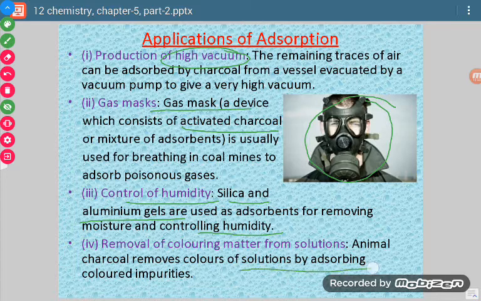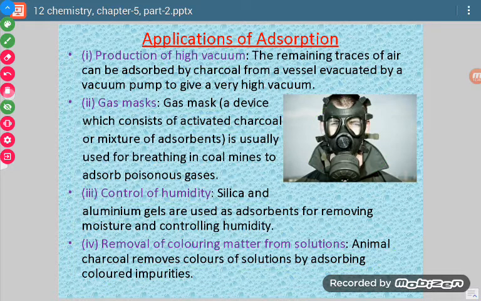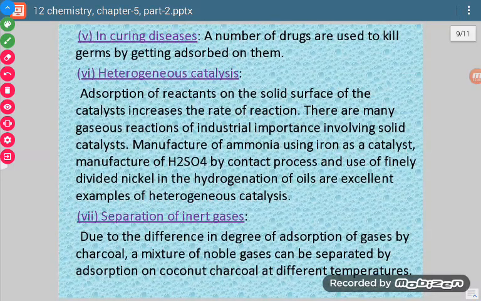In the sugar industry, we use a particular charcoal called bone charcoal, which has the property to decolorize sugar. So this is one of the uses.